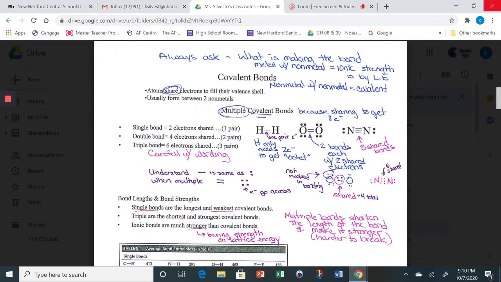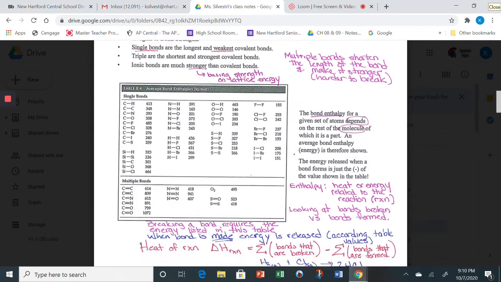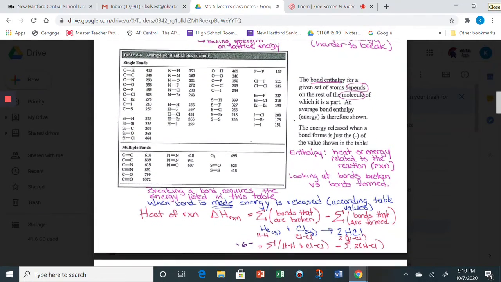Going further down on this page, I'm going to quickly go through this because we will come back to this. Very simple plug and chug later on when we do energy. For now, I'm going to show you this broken minus formed thing, because remember we talked in the last lecture about letting go of the crap from bio.